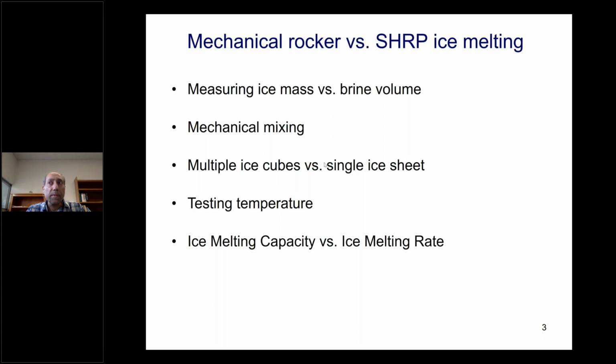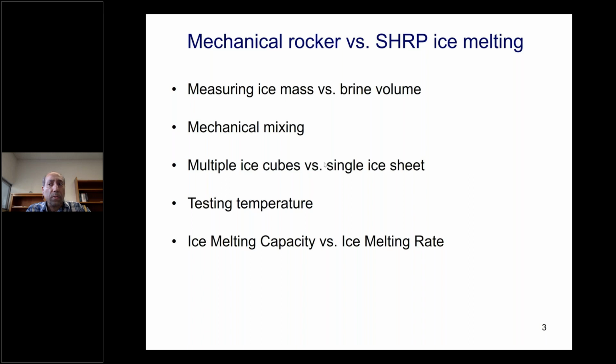In this method, for instance, we should take out the sample from the freezer and measure the volume of the brine, which can make some error in the results. But in the mechanical rocker test, when you put the de-icer inside the thermos, you start the test and finally you just measure the volume. So it can be one reason that the mechanical rocker has advantages compared to the SHRP method.